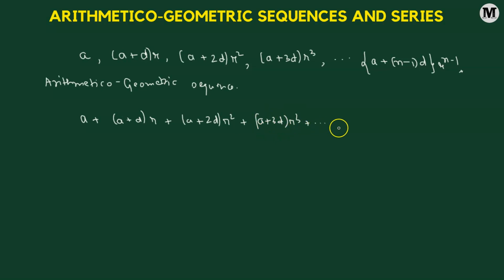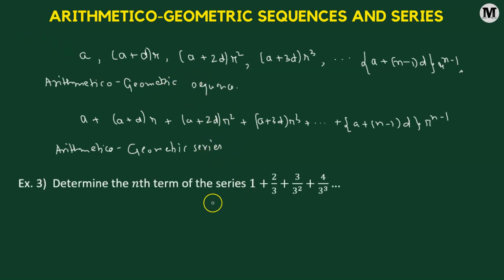This keeps on going to give us a plus n minus 1 times d multiplied to r raised to the power of n minus 1. Then what we get is an arithmetico-geometric series. So that's the difference between a sequence and a series. Summing up each of the terms in the sequence gives us a series.